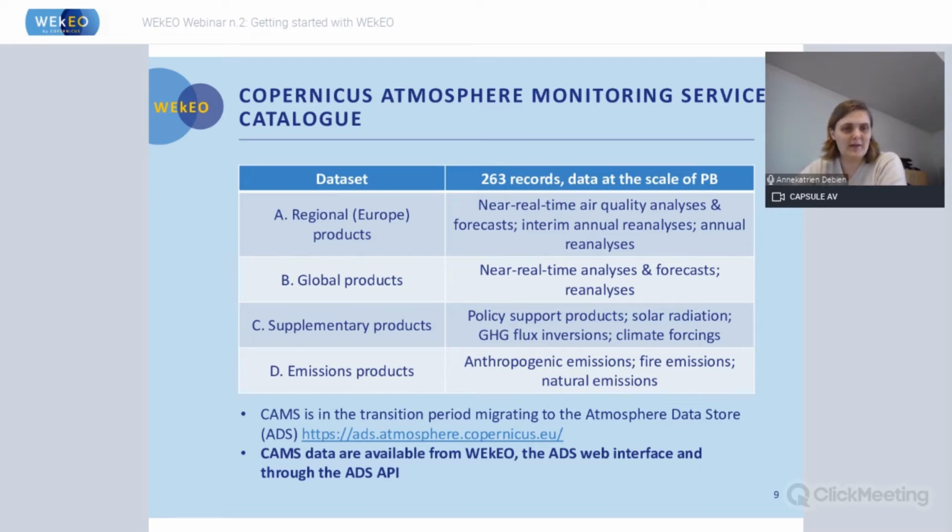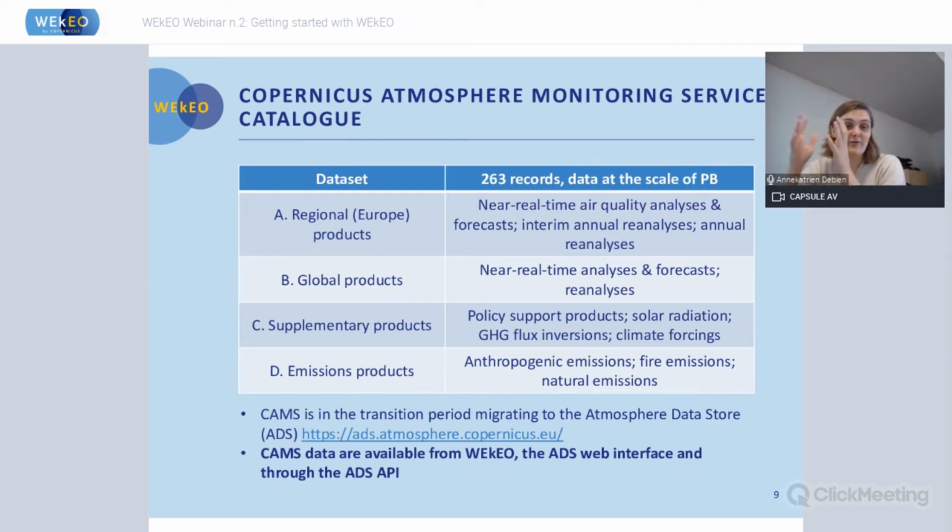Any supplementary products that can help you are parameters related to the atmosphere. For example, solar radiation, if you want to measure how much sunshine you will get, for example, for building a solar farm.